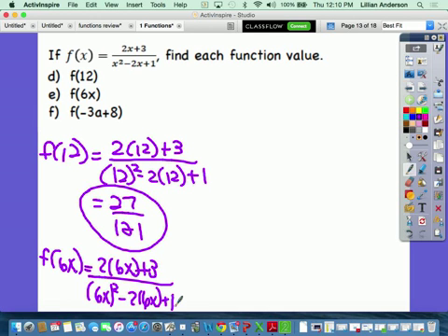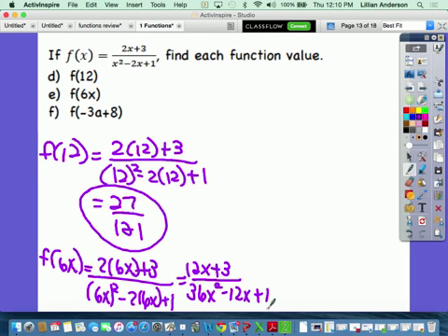Please tell me at the bottom you got 36x squared. Good. This is 12x plus 3 over 36x squared minus 12x plus 1. I can't go any further than that.